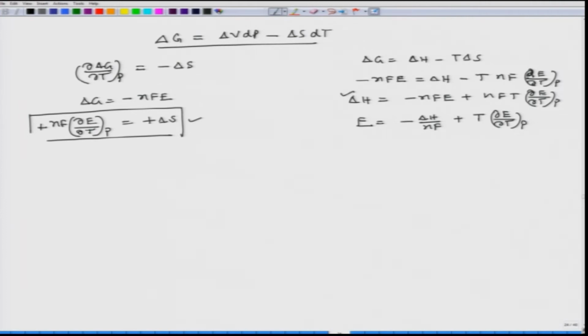Now, we can have an example on this. The example is the problem statement I would like to put up. Let us say at 25 degree Celsius, for a particular cell like this, with AgCl.